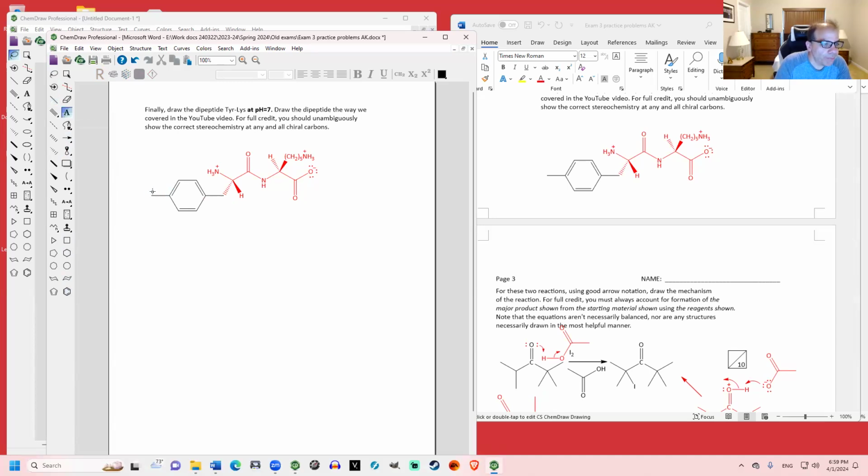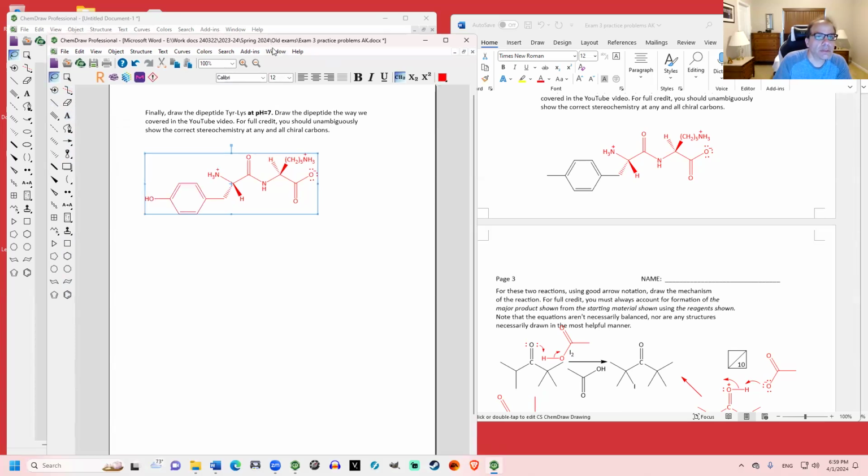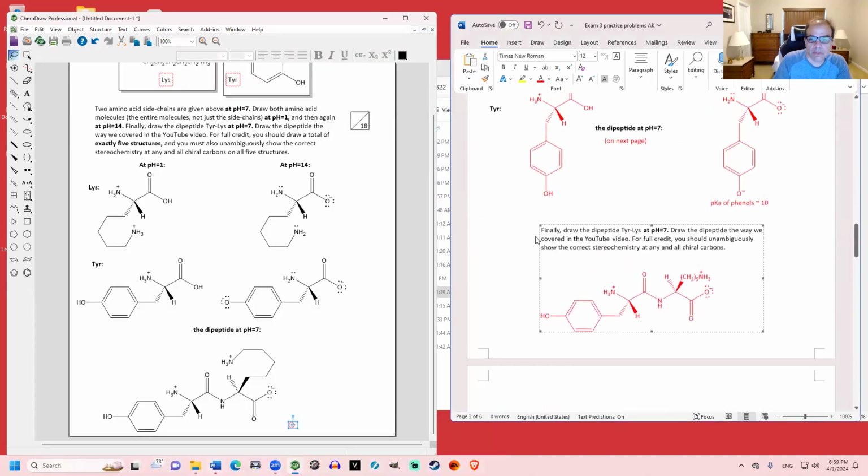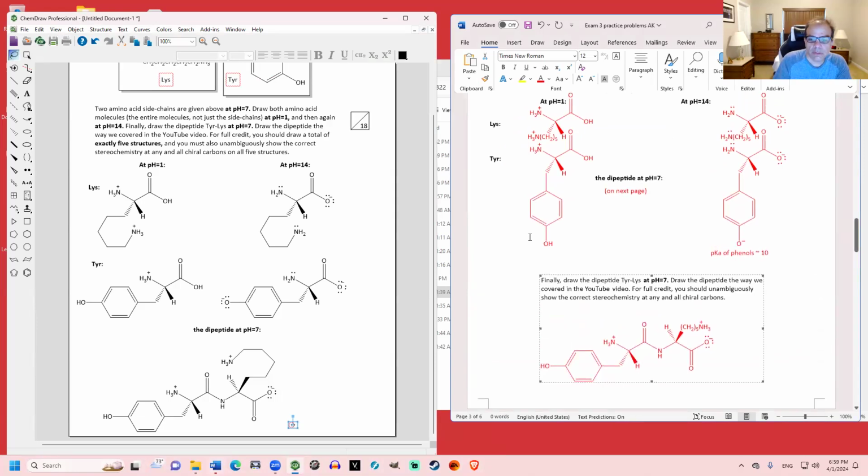And since we're at pH 7, there we go. Then comes the carbonyl, then NH, then you have the lysine, and then the carboxylate group. So now that's correct. Let me save that.